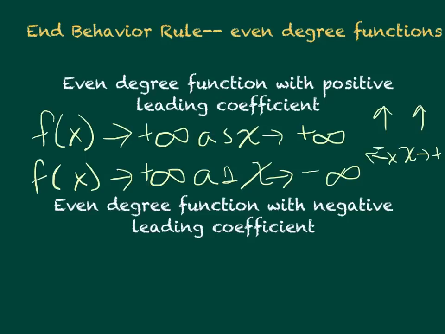An even degree function with a negative leading coefficient, we actually have that the function will point down, or the function values go down and decrease as x goes to the negative and as x goes to the positive. And so regardless of your function, if it's even degree, that means that your end behavior is going to be the same for either input of the function.